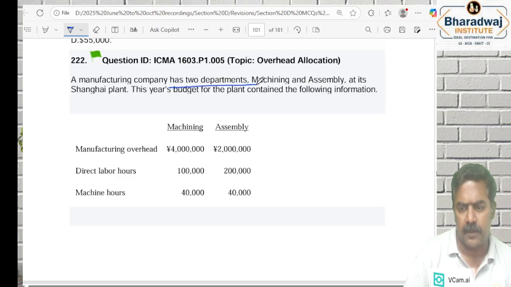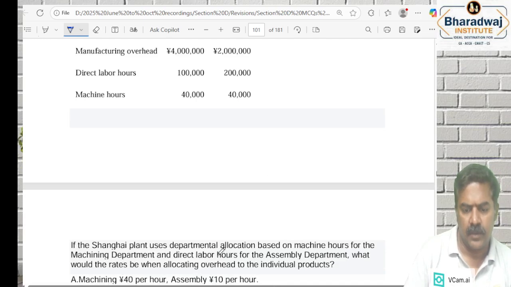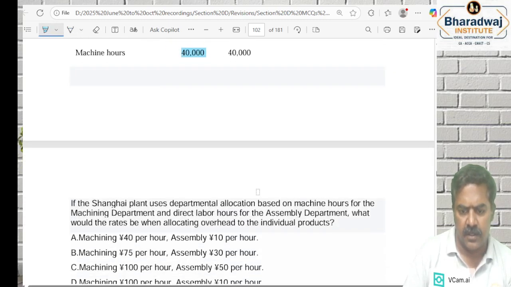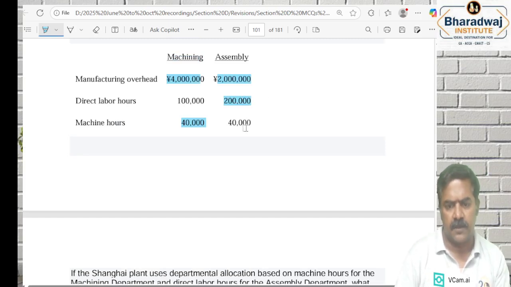Two departments. Departmental rates: machine hours for the machine department. For the machine department, they work out manufacturing overheads divided by machine hours. For assembly, they work out based on direct labor hours. 20 lakh divided by 2 lakhs.